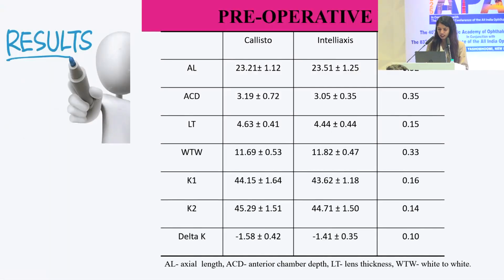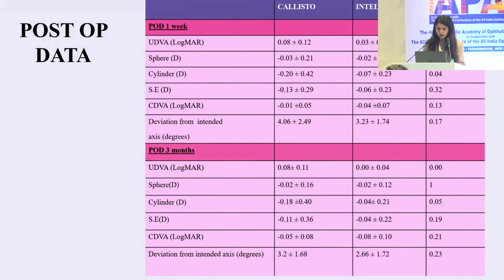This is the preoperative data. Post-operatively, at post-op 1 week, mean cylinder in Callisto group was minus 0.20 plus minus 0.42, and in IntelliAxis group it was minus 0.07 plus minus 0.23.